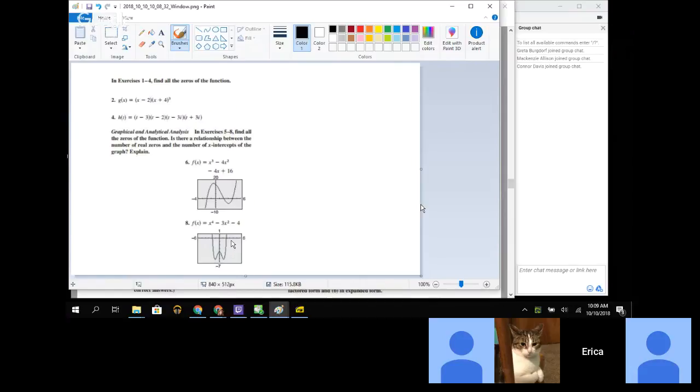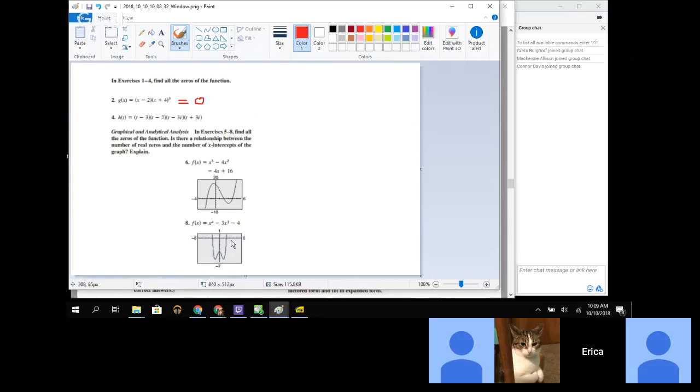In exercises 2 and 4, it says, find all the zeros of the function. You can see the first one up here, g of x equals x minus 2 times x plus 4 to the 3rd power. If I want to find all the zeros of the function, I make the function equal to 0.